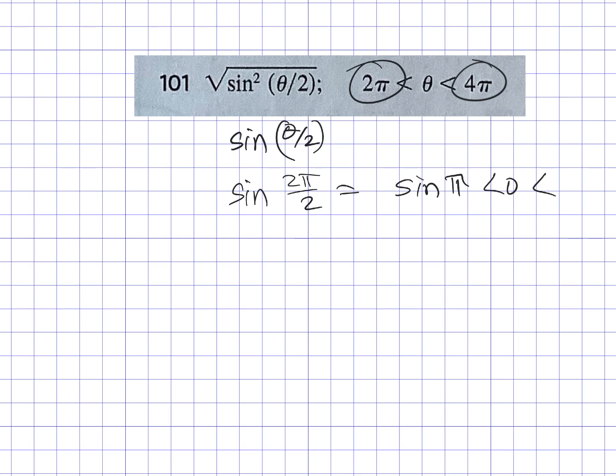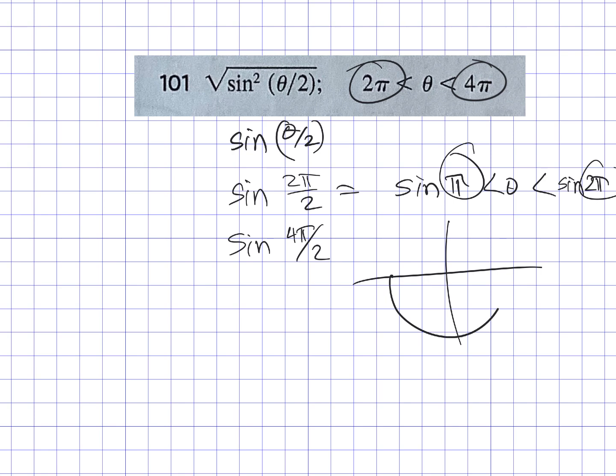And then you have the sine of 4 pi over 2, which is going to be the sine of 2 pi. So what are the values of the sine between pi and 2 pi? That's what it's really saying. So between 180 and 2 pi, the y values, which is the sine, are going to be negative. So this answer is negative sine of theta over 2.